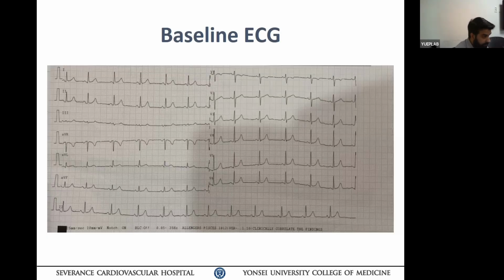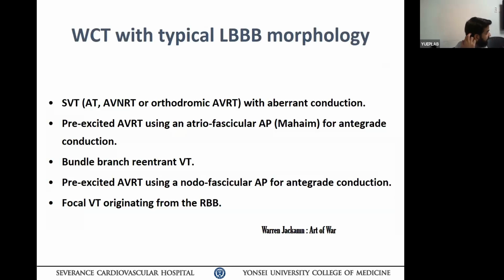Okay. So many people thought this is a wide complex tachycardia with typical LBBB morphology. If we go to Jackman's book, The Art of War, he lists these differential diagnoses to be considered in a patient with wide complex tachycardia with typical LBBB morphology. First is SVT with aberrancy, like AT, AVNRT, or orthodromic AVRT with aberrant conduction.